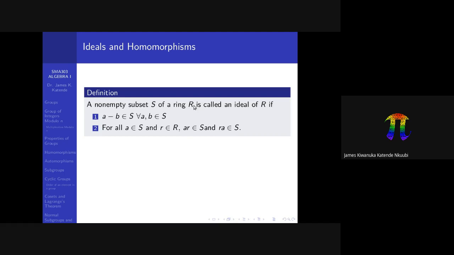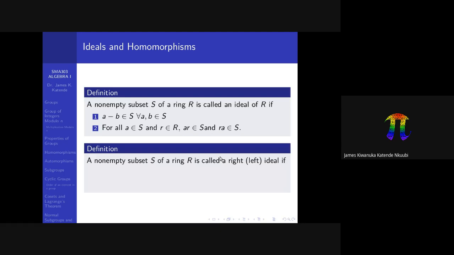If I pick any element R from the ring R and multiply by an element A in S, I still get an element in S. And it doesn't matter whether I multiply the R on the right or on the left of A. So you can also define left or right ideals. Right ideal simply means it works only when you multiply on the right.